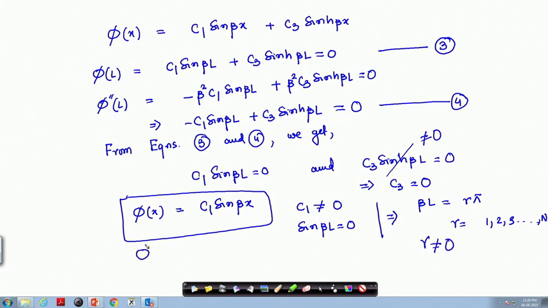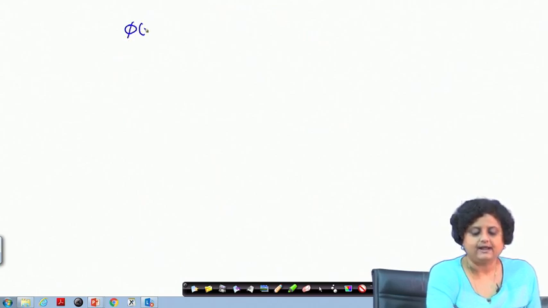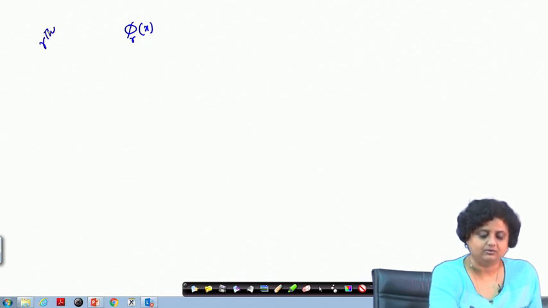So, phi x therefore turns out to be C. I can drop the subscript because anyhow there is only one constant. So, I put a subscript r to denote rth mode, then I have sin pi r x by L. So, this is the mode shape of the system. So, let me write it in a clear way. So, I have phi x r, that is the rth normal mode.